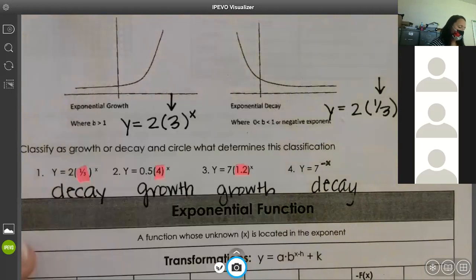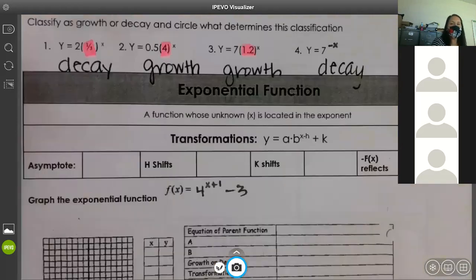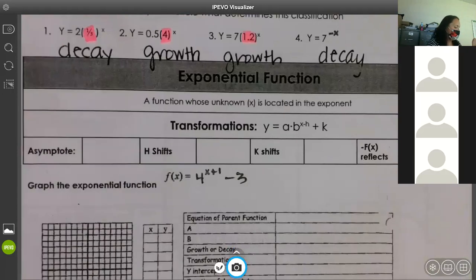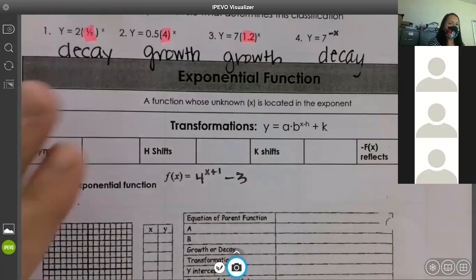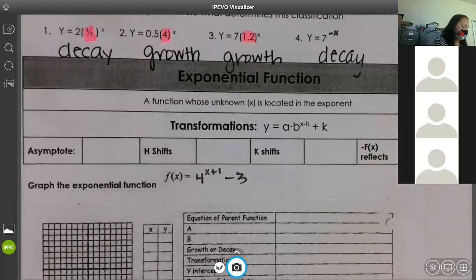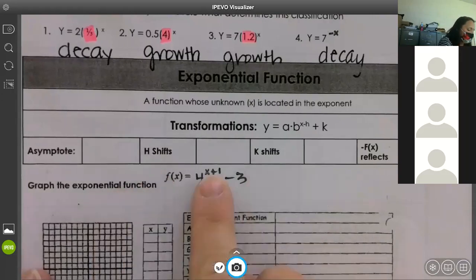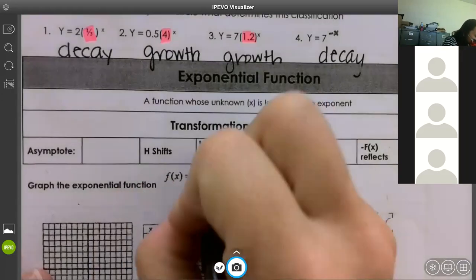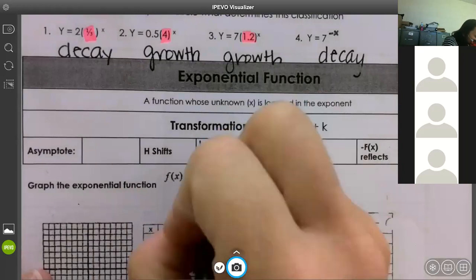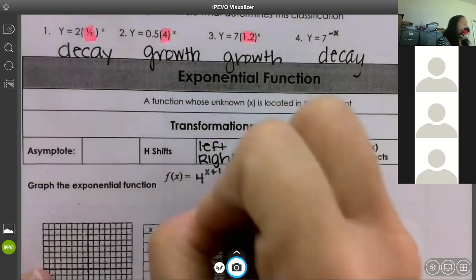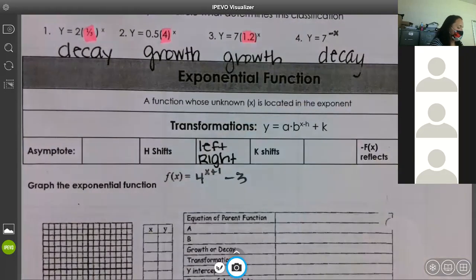All right. So we can transform these functions, which means it moves left or right. We're going to talk about the asymptote in a minute. H is this number with the x. It shifts left or right. You guys remember doing transformations, right?